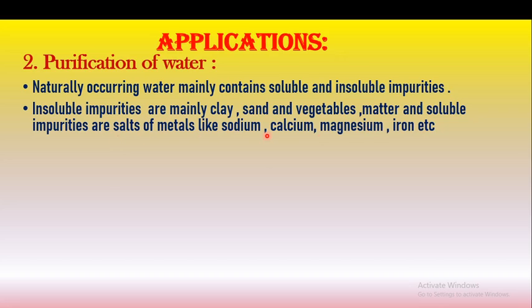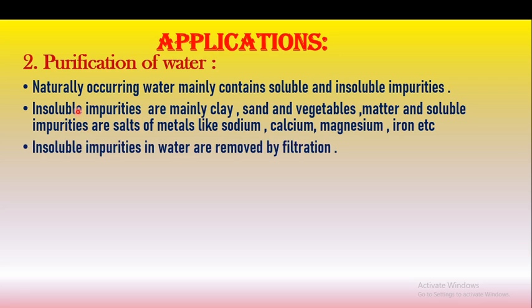These are ions, therefore they are easily soluble and categorized as soluble impurities. But clay, vegetables and sand are insoluble, therefore they are categorized as insoluble impurities in the water.